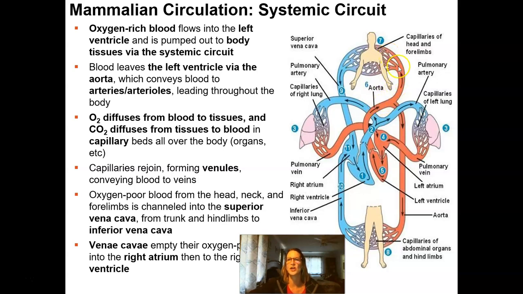Some of it is going to go to capillaries in the head and the forelimbs. Some is going to go into the capillaries of abdominal organs or hind limbs. So essentially blood will flow to all of the different capillary beds of the body.